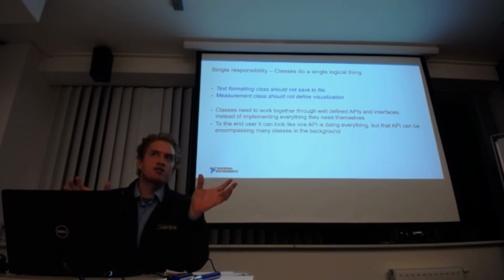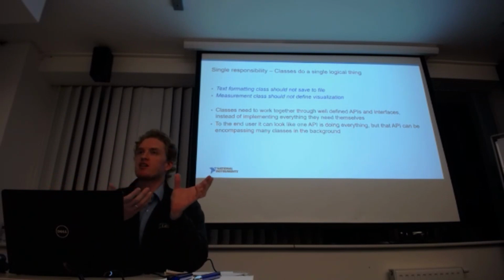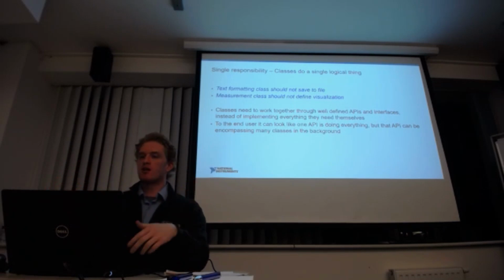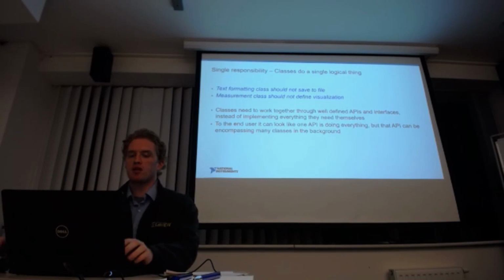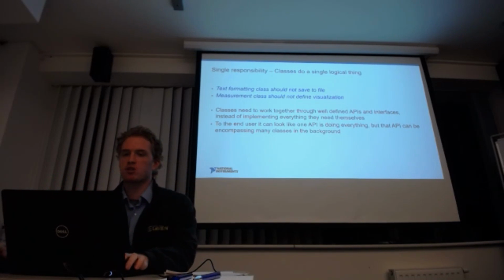It's a measurement class. It talks to hardware, let's say. So it shouldn't define the visualization. If you separate these things, it becomes much easier to think about your code, but secondly, it becomes much easier to actually substitute elements one for another.